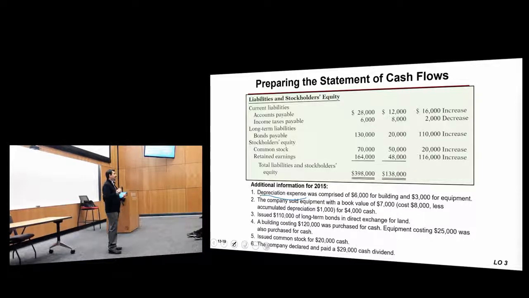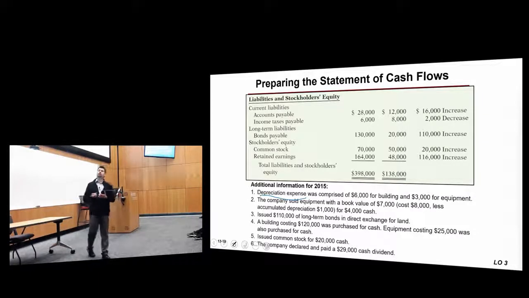But gains and losses are not really real when you think about it as cash. What do you have? You don't have something called gain. You have cash inflow and cash outflow.